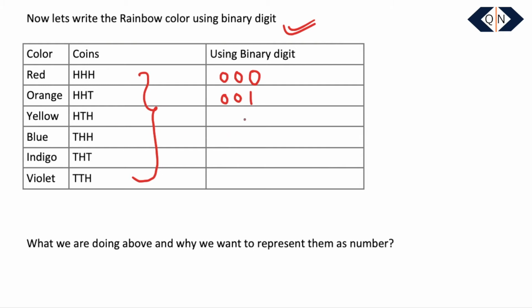For yellow it will be 0 1 0. For blue it will be 1 0 0. For indigo it will be 1 0 1. For violet it will be 1 1 0. We have not used the condition TTT to assign any color. If it was there, then we would give it 1 1 1.